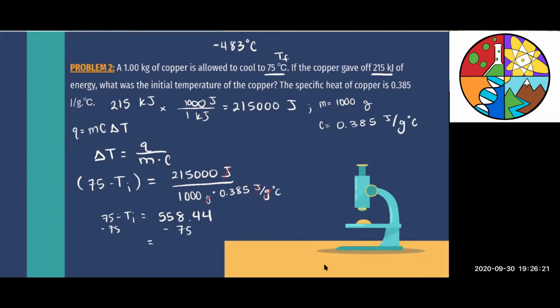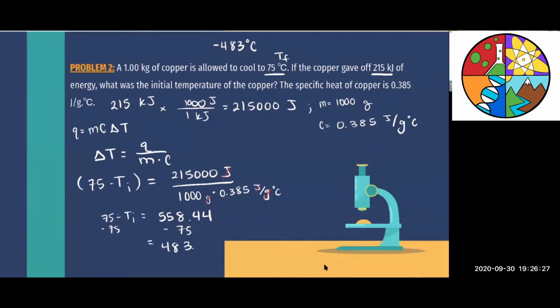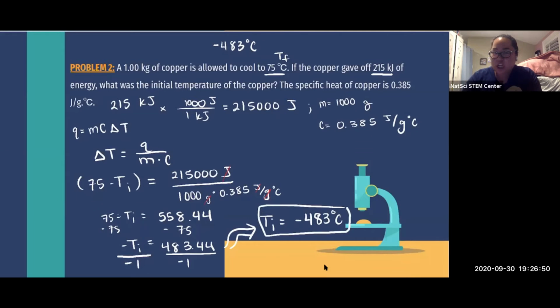You should get 483.44, and you have a negative T initial. If you divide by -1 for each side, I'm going to put my final answer here. Your T initial should be negative 483 degrees Celsius.